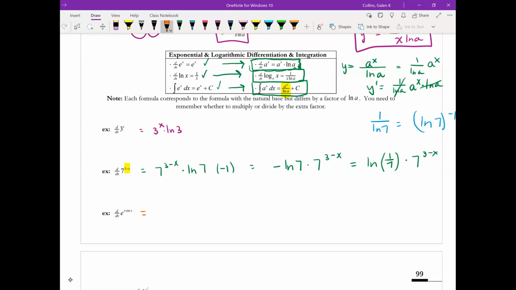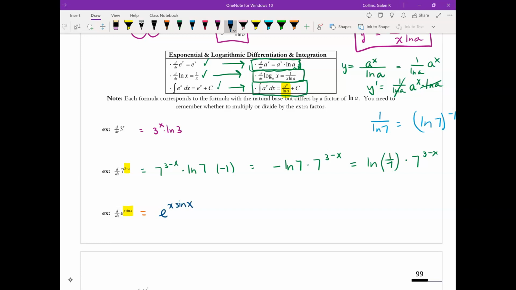So when we now have e to some junk, that's fine. We know that the derivative of e to the junk is e to the junk. But again, we have to use the chain rule since the junk is not just an x. So the derivative of e to the x is going to be e to that same power. So e to the x times sine of x.